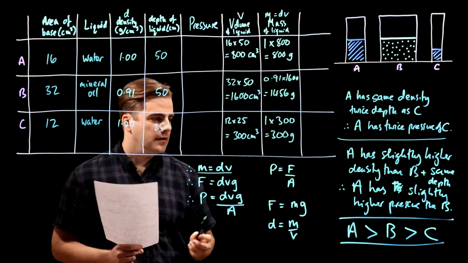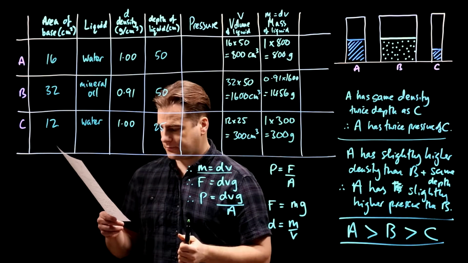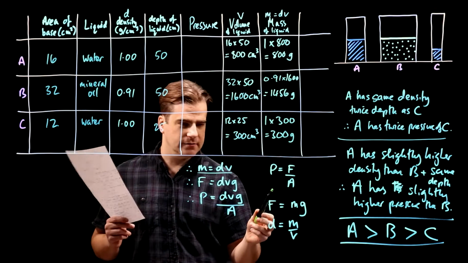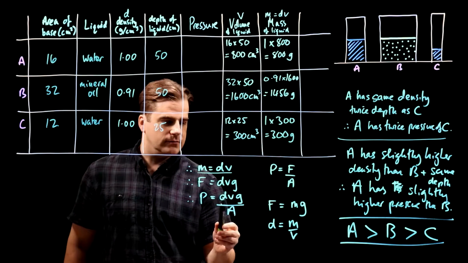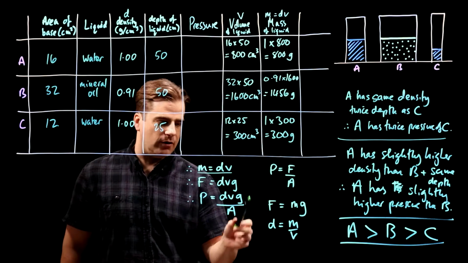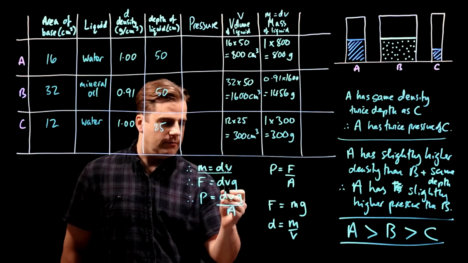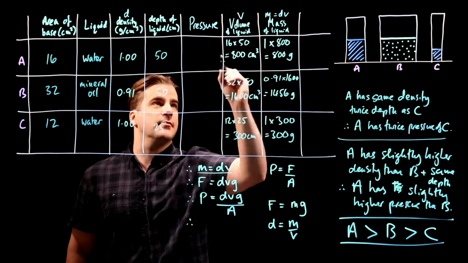Right, so we can work out the pressure finally. So pressure is, well, we could have worked it out all in one here, but I've broken it down into mass and volume.